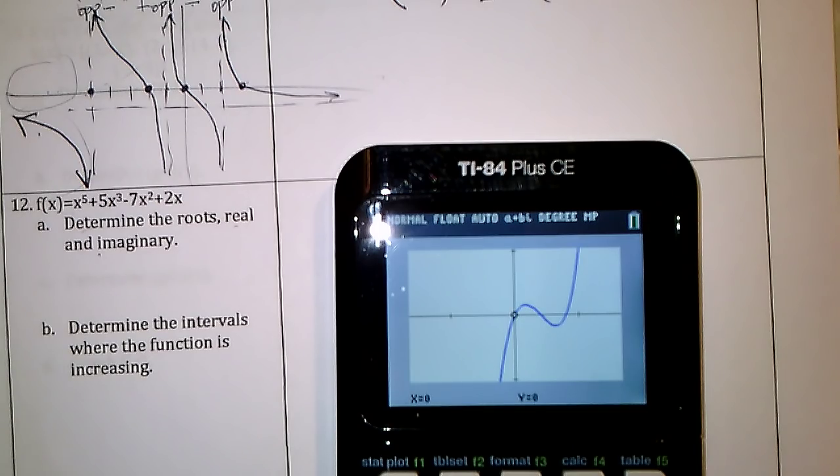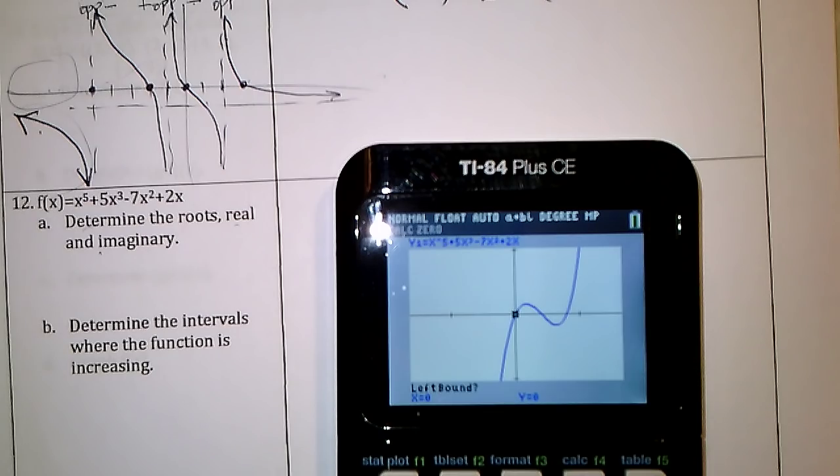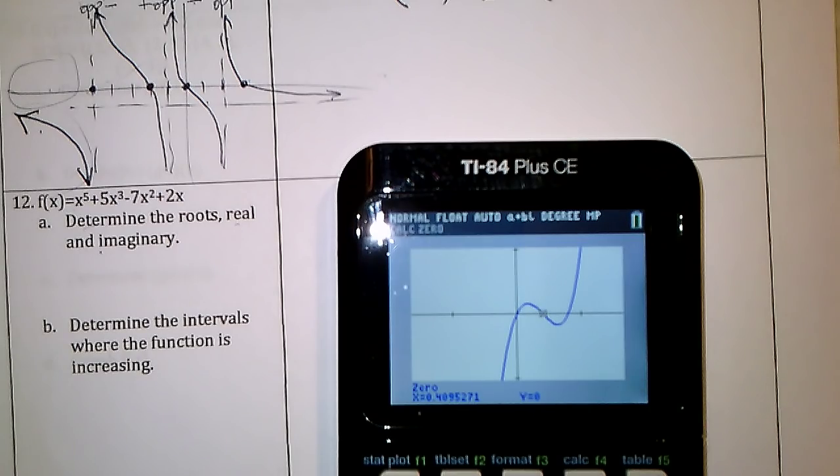Let's see if we can get any of those. So let's go second, calculate the 0 that's between 0.1 and 0.6. 0.5, and it says 0.409.